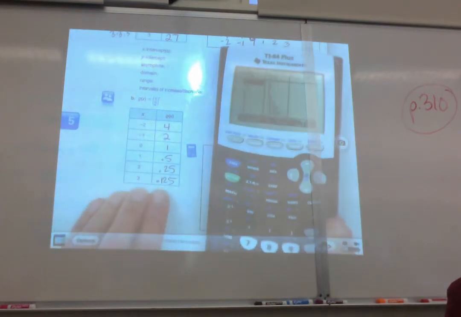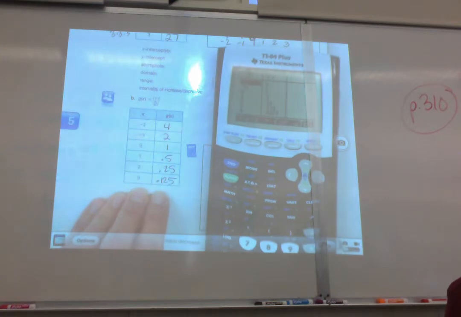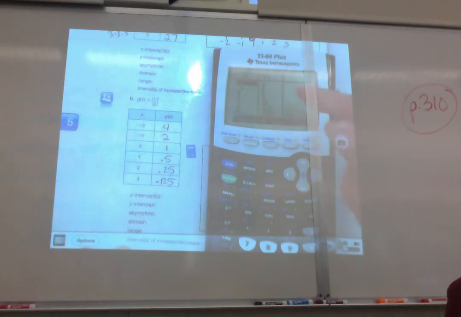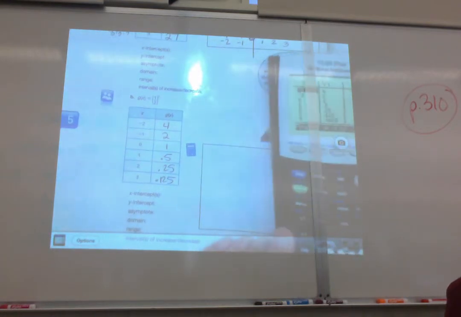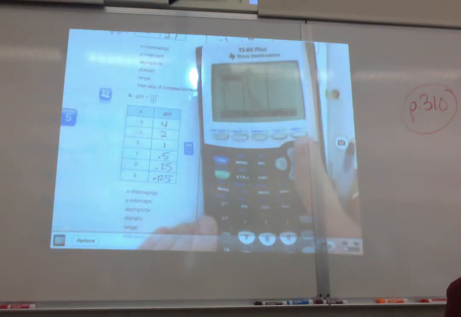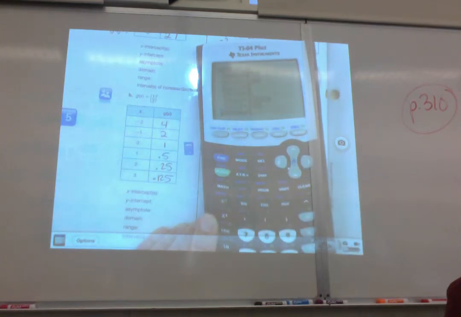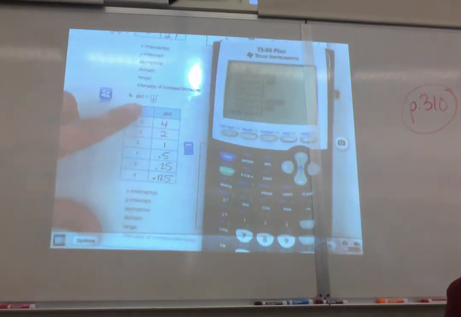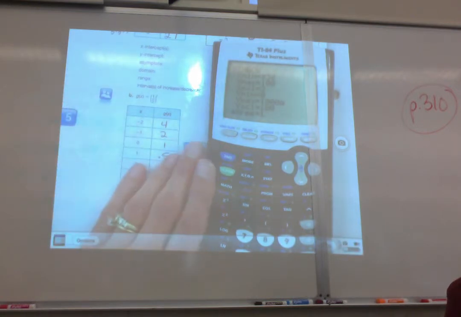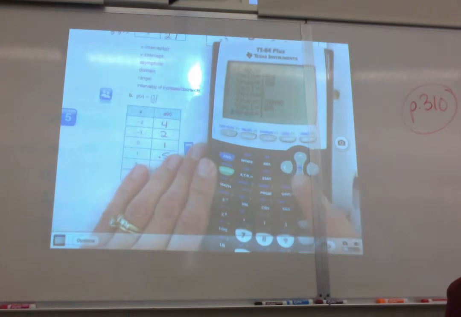Okay, how easy was that? I used y equal and table. Now I can also, now that I have this in y equal, graph it. So graph is this button, but I'm going to set a window. On the x-axis, I need to go from -2 to 3. How about I go -3 to 3? -3 to +3.